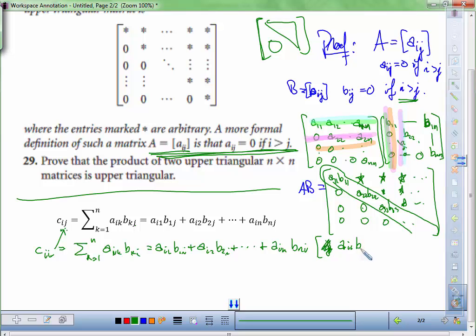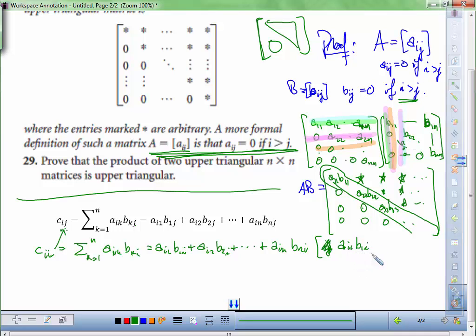a_i1, b_1i. So if i is equal to 1, then it doesn't satisfy any of these equations, so this would be non-zero.